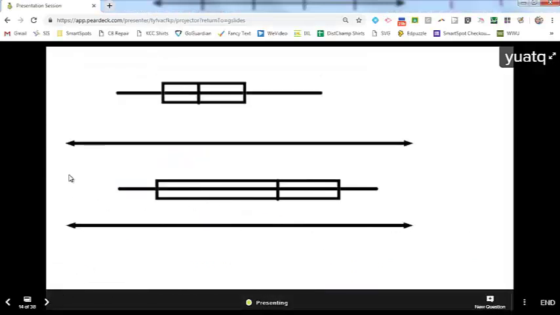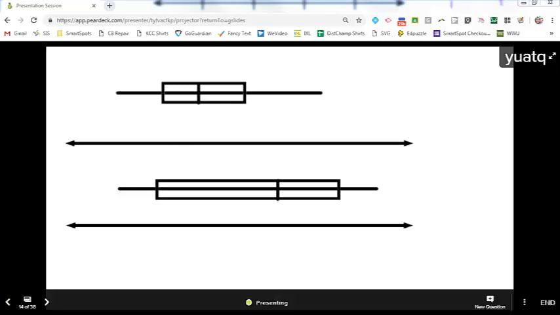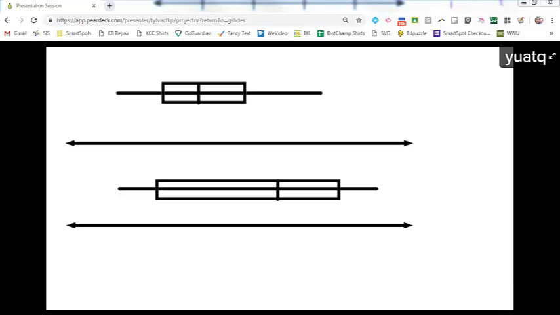Okay, so on this, I just wanted to give you an example of some box and whisker plots and talk about some different things with them. So first of all, what would you say about the minimum value for both of these box and whisker plots? There's no value on here. But what could you say without any numbers being on here?